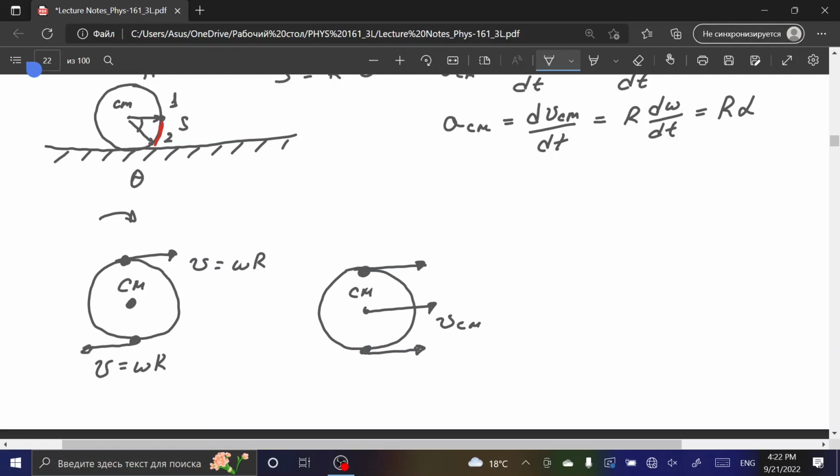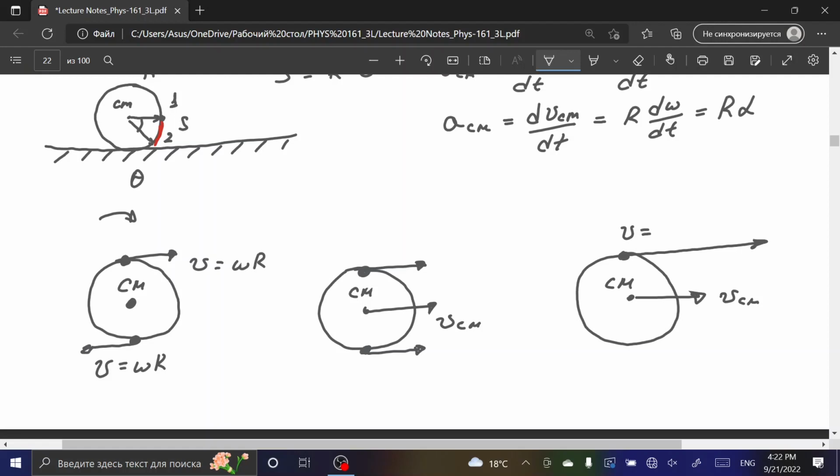Now what happens when we combine these two motions together? We get the following picture. Center of mass. So this is the velocity of the center of mass. Now if we consider this extreme point on top, that will be much larger, because the velocity of this highest point will consist of two components.